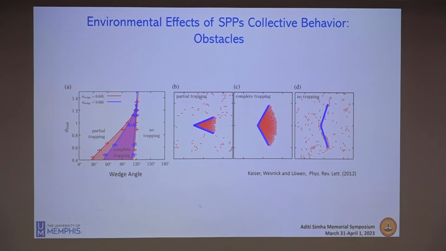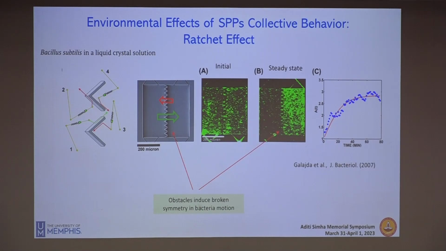Another example related to the prior one is a system with a boundary with openings, and the boundary is made up of these wedges, basically. Initially, a colony of bacteria is put in the system, and after a certain time, most of the bacteria migrate to the right side of the system.